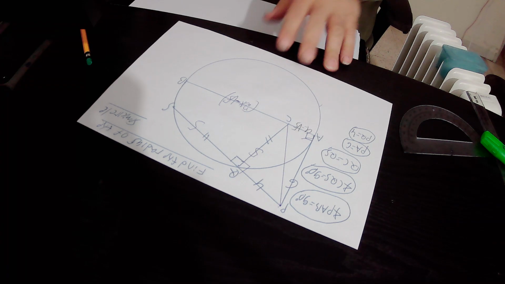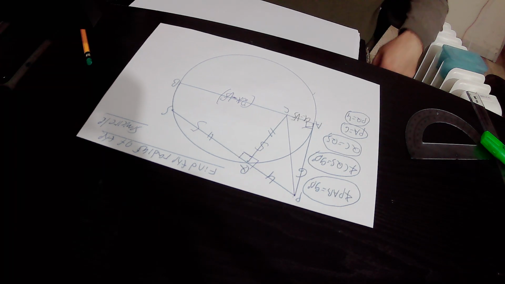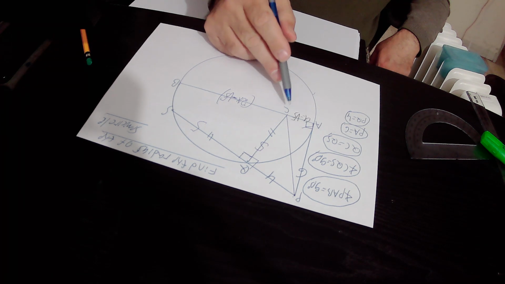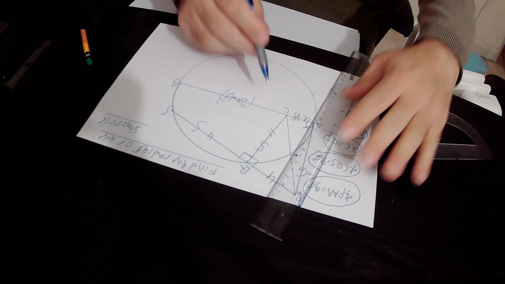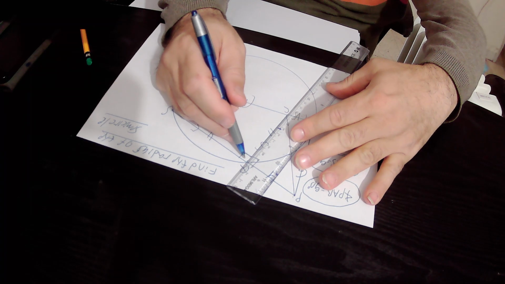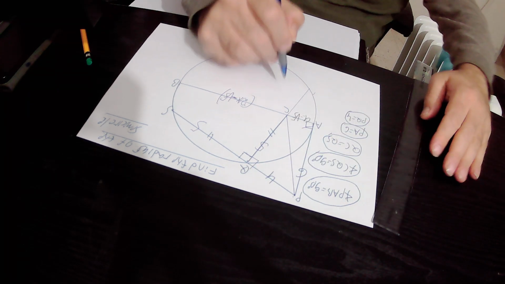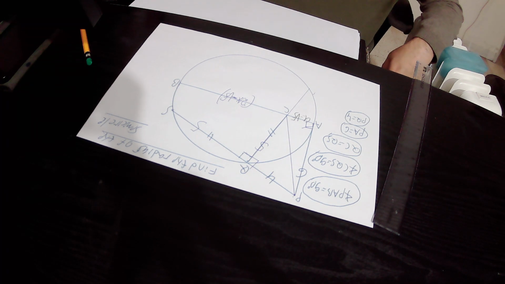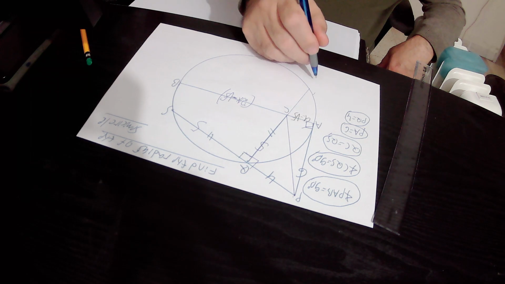So I completed the semicircle to a circle, and we will extend side QC until it touches the circle. We define the touching point of the extended side QC with this circle as point M.